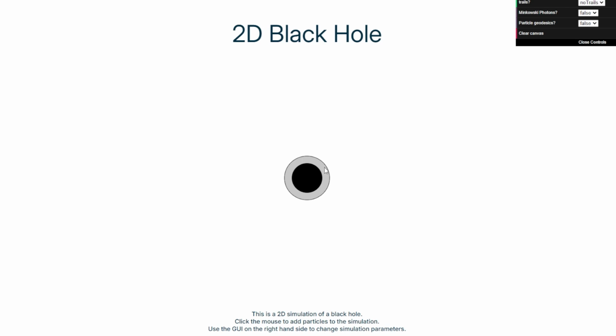Any photons that start within the photon sphere, if they try to orbit the black hole, end up inside of it. So no photons survive. If their initial direction is straight outside, they can still escape.